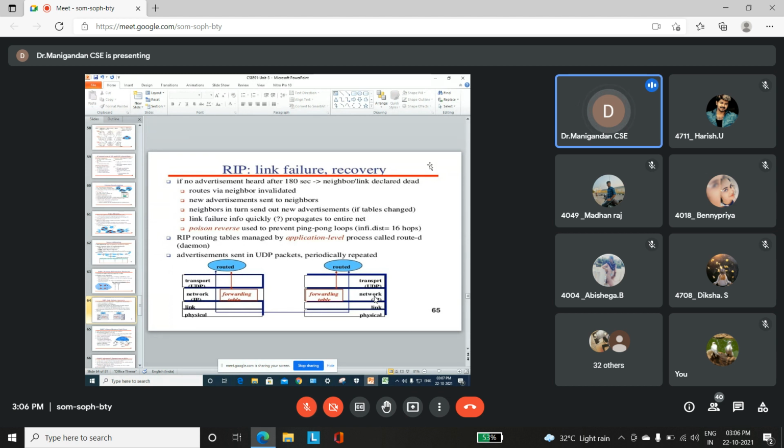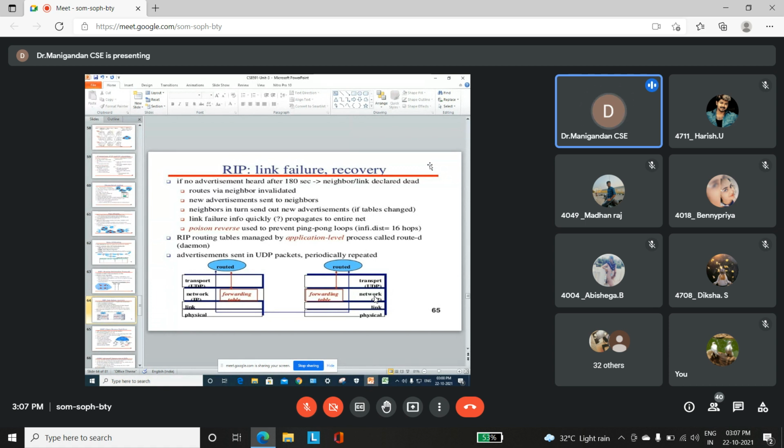And then from the destination side also, there will be a router which forwards the UDP packets from the network layer, IP, to the transport layer, that is the UDP protocol. So forwarding tables are also assigned as a node connected from another node. Based upon that only, the routing table is generated between the source and destination.